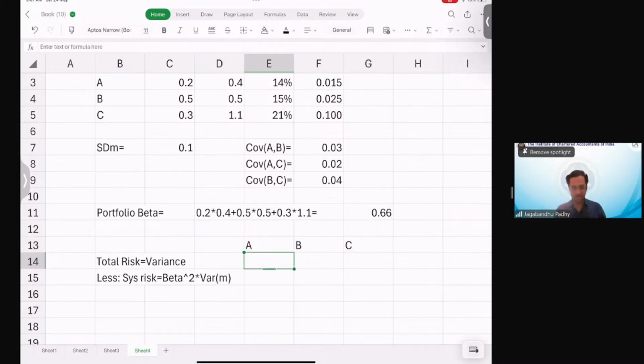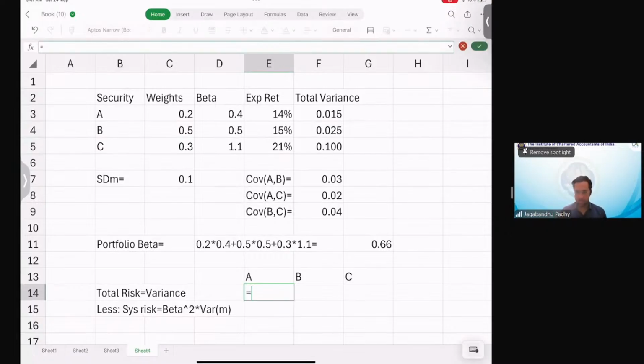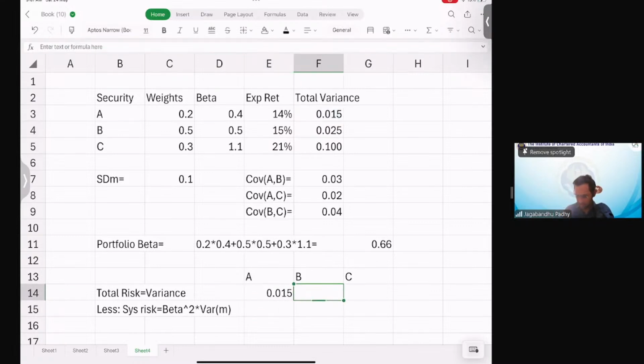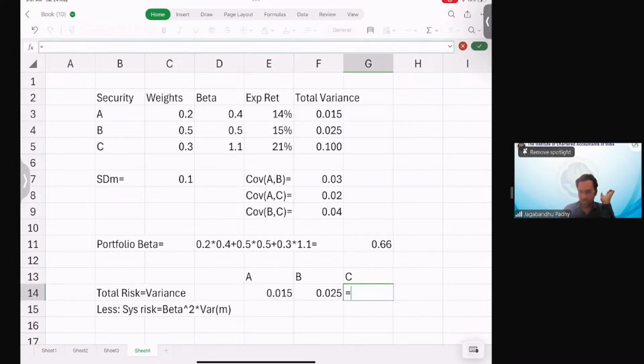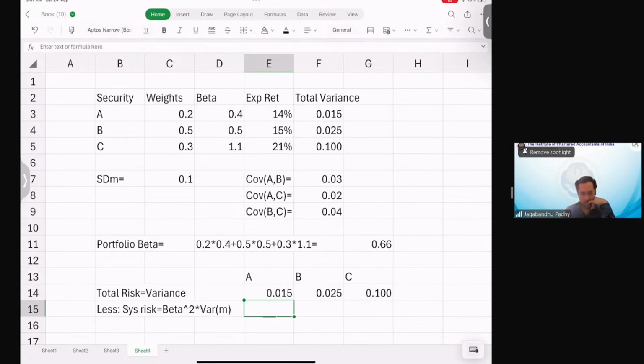So total risk, which is the variance, is already given to us: 0.015 for A, then for B it is 0.025, for C it is 0.1. Systematic risk will be beta square multiplied by variance of market.